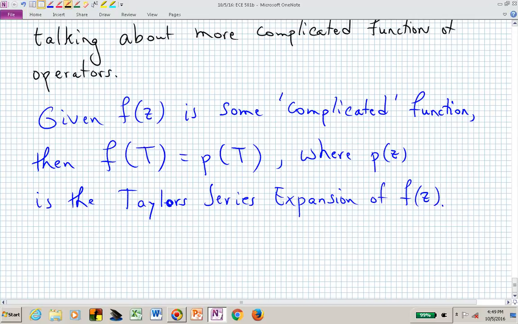So the question was, are we no longer in a finite dimensional vector space? We're still having these linear operators on a finite dimensional vector space.